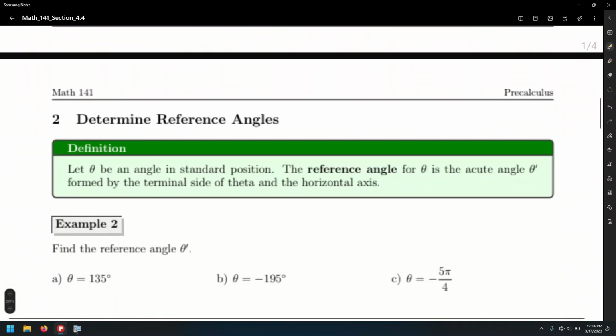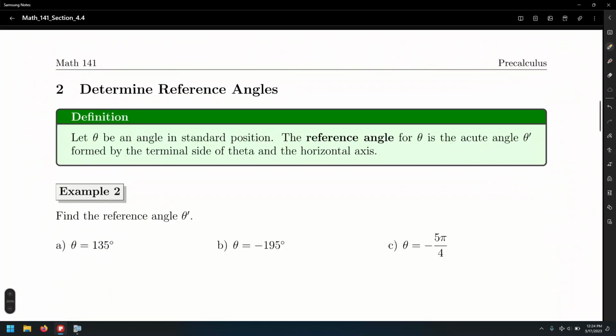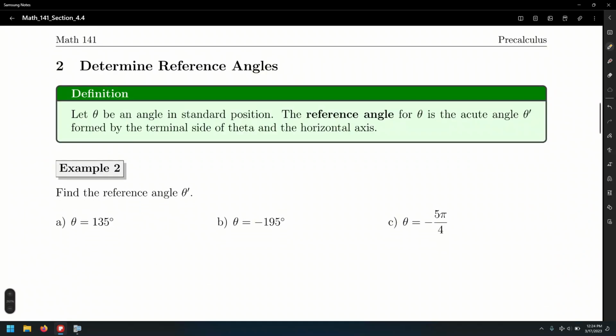Okay, determining reference angles. This topic is finally new from what we've been doing for the entire chapter. Finding reference angles is really useful when it comes to evaluating trigonometric functions of angles that are outside of the first quadrant.